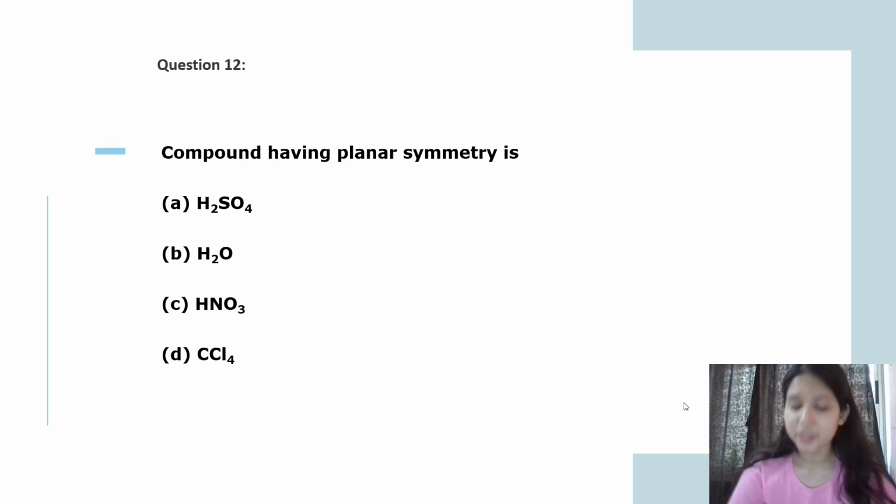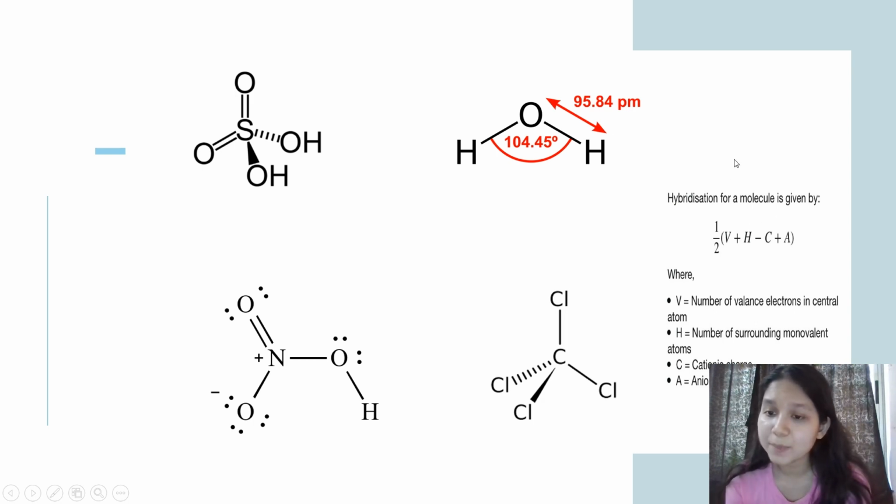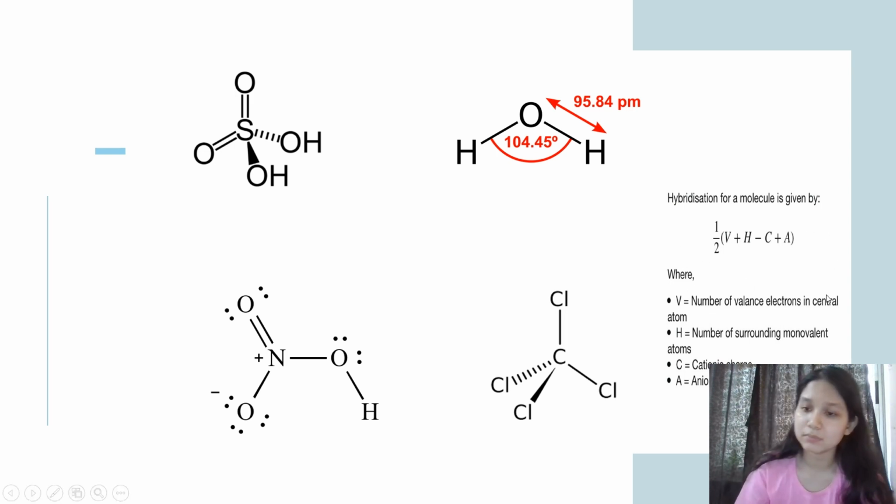To find out the symmetry, we will be helped by the hybridization of the molecules, right? So for that, we will have to first find out the hybridization possessed by the molecules given. If you want to find out the hybridization, it will be given by this formula. Of course, you can take help from any other formulas also, as many other ways of calculating hybridization are used.